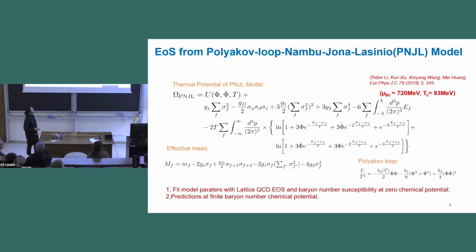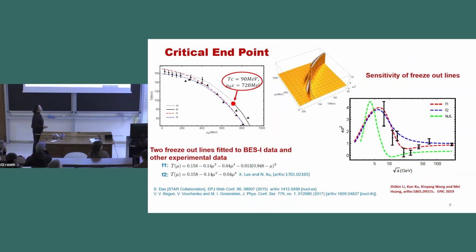Of course, in our work, we use this equation of state from this Pinger model. You can also use an equation of state from any other model with a critical point. Anyway, that's just a model. And this is a typical structure for the net proton fluctuations. Here, this deep part is very negative.